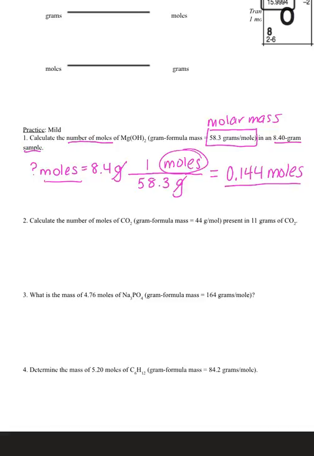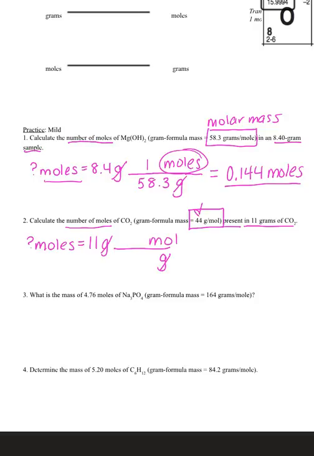It says calculate the number of moles. So once again, we're going to be finding moles present in 11 grams. Okay, here is the conversion factor over here. Okay, so how many moles are in 11 grams? Grams need to cancel, so I'll put grams on the bottom, and on the top, I'll put moles.